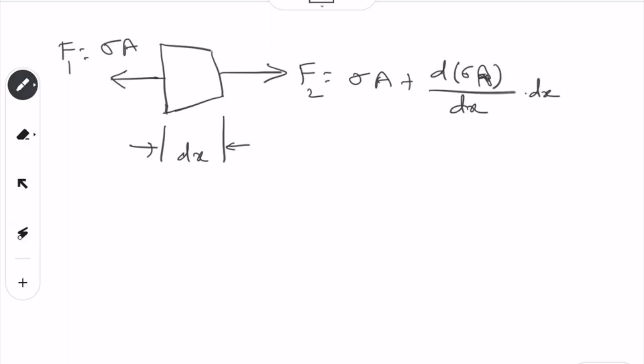And also there is a Bx, which is a force per unit length. So the total force because of the body force will be Bx multiplied by dx. Now we can write the equilibrium equation.